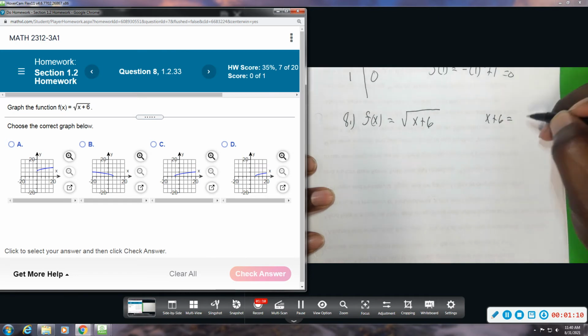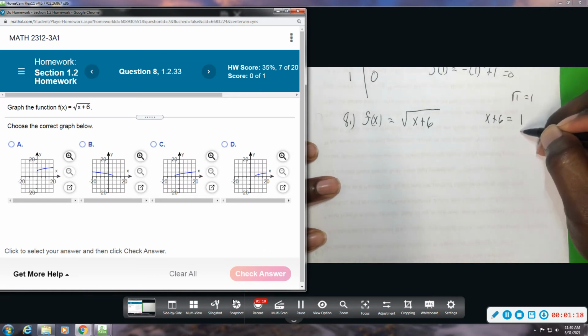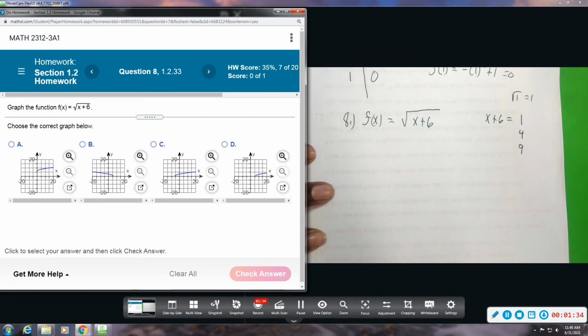So x plus 6, I want it to equal 1, because I know the square root of 1 is 1. Not 2, I want to use 4, because the square root of 4 is 2. So 1 squared, 2 squared is 4, 3 squared is 9, and that could be good enough. So just these 3, I want to use 2 or 3 points. That'll allow us to see the pattern.